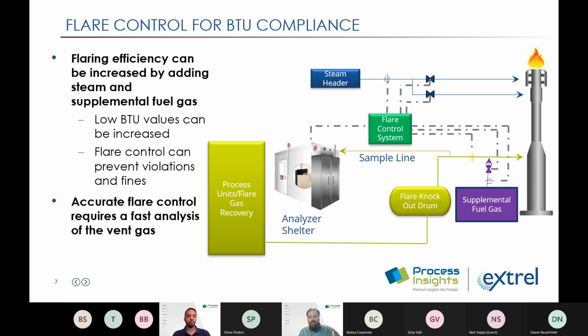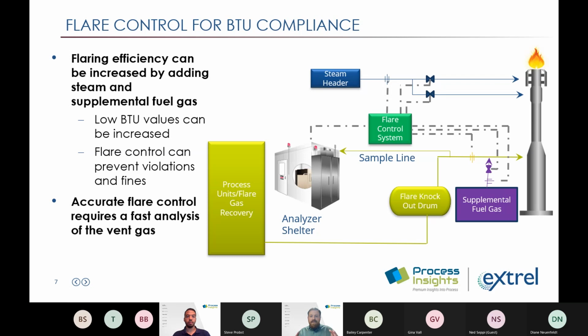Because if you had a flare and it was out of compliance, you've got the option to correct that by adding steam and adding supplemental gas and increasing the combustibility before having to report that as a non-compliant block. But in order to do that, you need to do a couple of things very quickly, right?